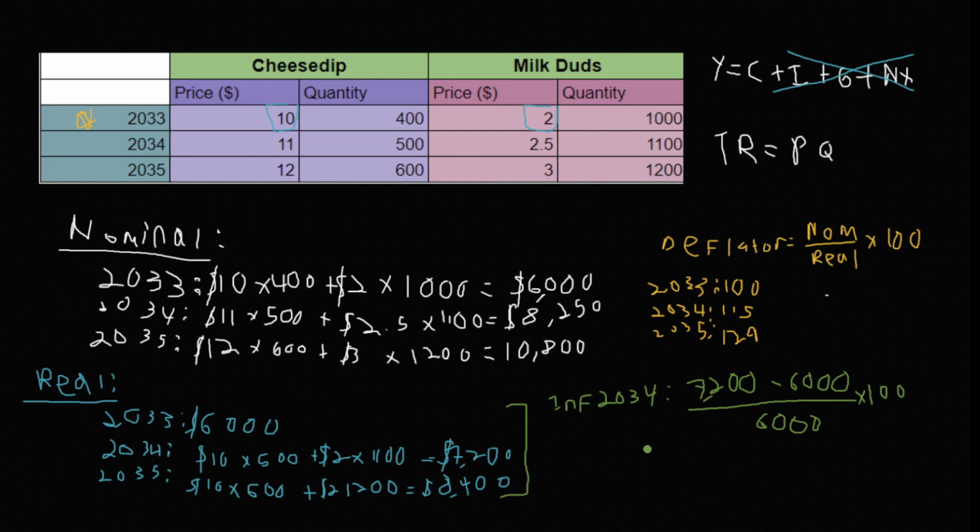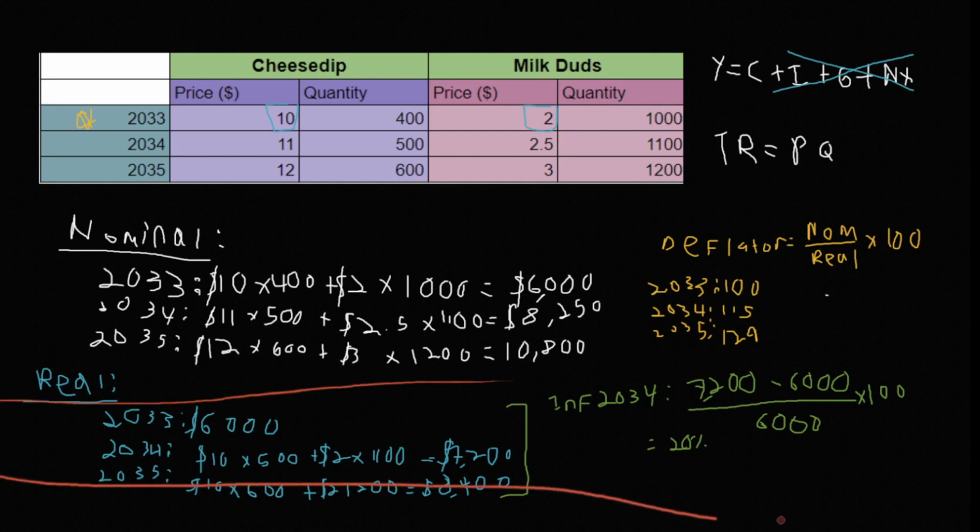And this is equal to 20% inflation for 2034. But generally, you do not do this with the real GDP.